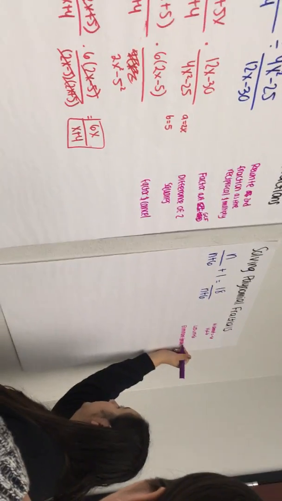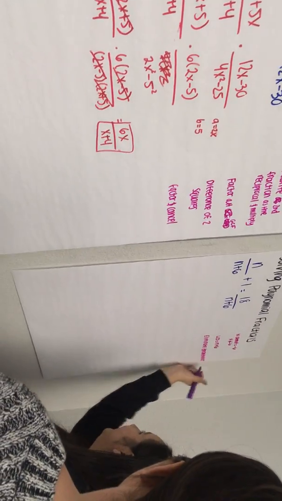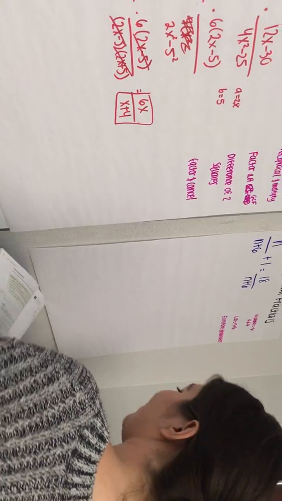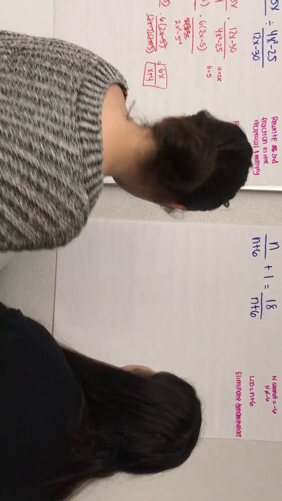Sounds like they're evil. Eliminate the denominators. Take them down. But look, you could see in the book, right here, the LCD is 16 too, and they multiplied it by everything. Yeah. Cool.